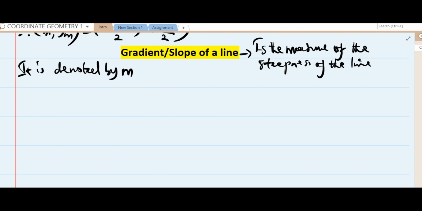So let's derive it. Assuming you have a line, let's draw the diagram. This is my x and this is my y.